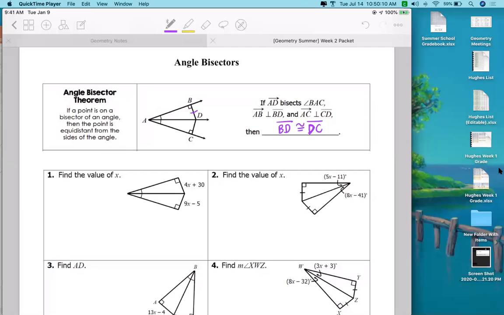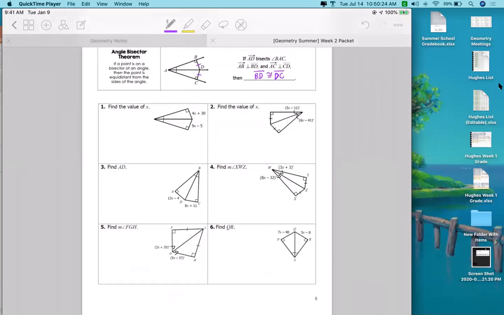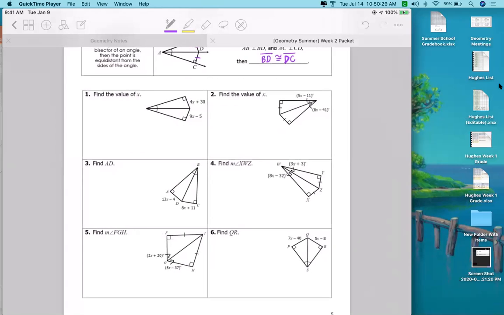They're saying these two lengths are congruent. Okay. So everything at the bottom is pretty straightforward. You're just setting things equal to each other and then finding out what the angle they're asking for.